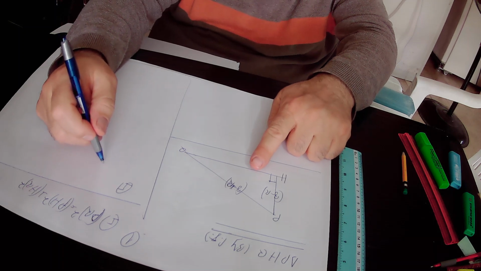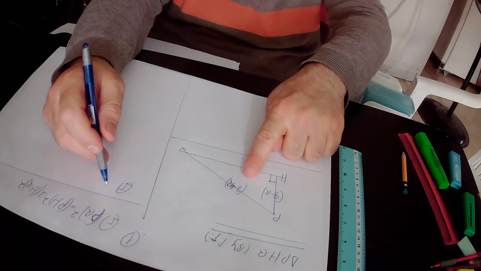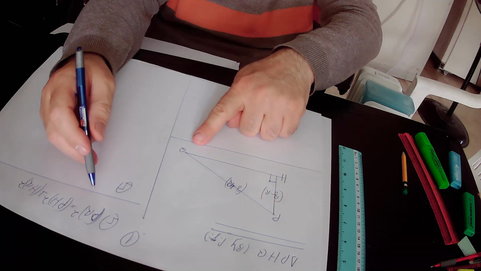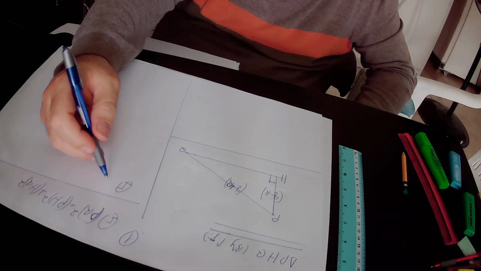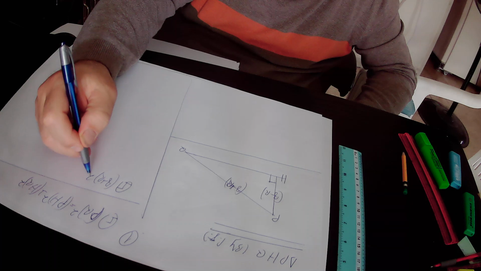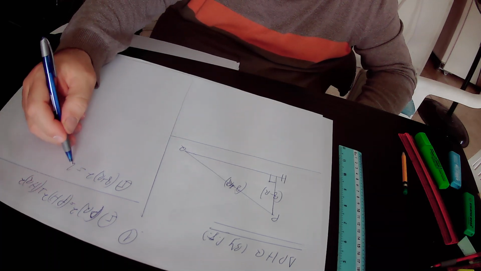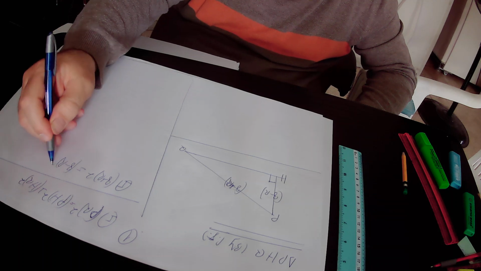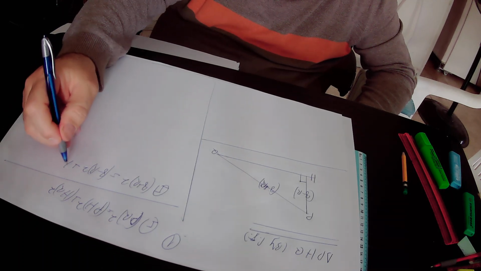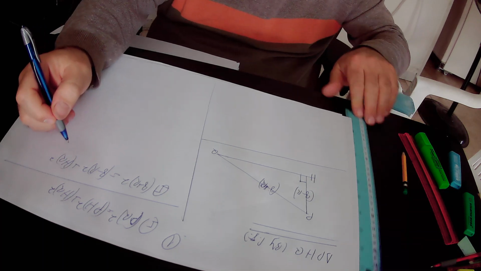PQ is 8 plus R, therefore the square of the hypotenuse is 8 plus R squared, and it must be equal to PH squared. PH is 8 minus R, therefore PH squared is 8 minus R squared, plus HQ squared. HQ is the missing side, so we leave it as it is.